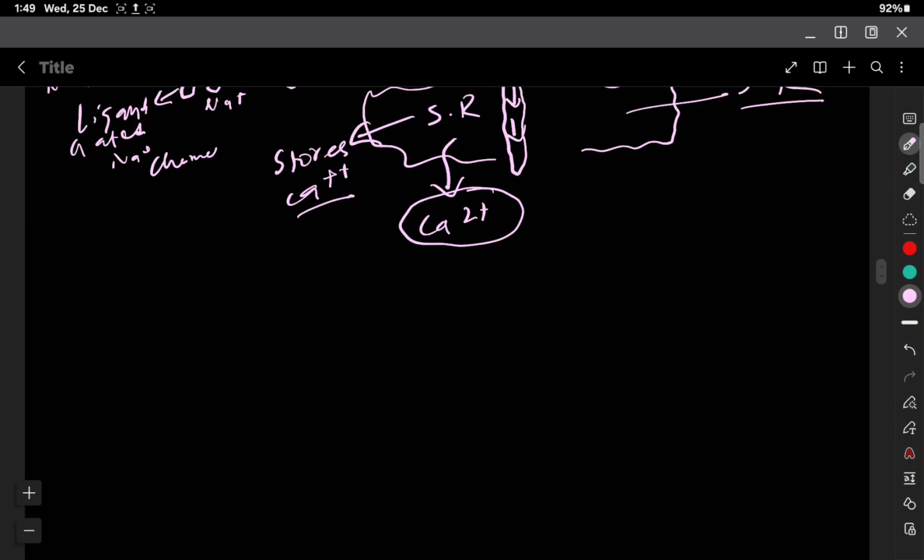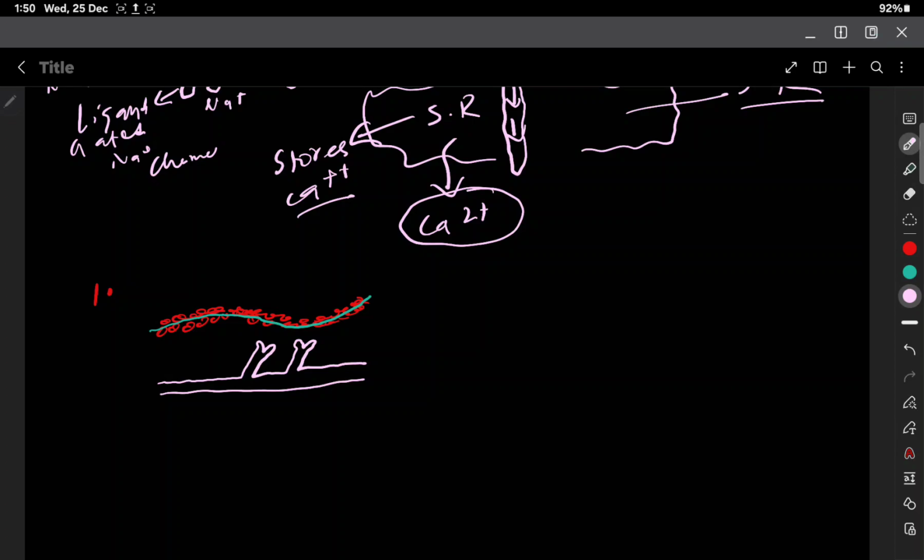Now what does this calcium do? Again we will go to the second diagram. First thing I will write here, off, for muscle. We have already explained about actin and myosin. Here I have drawn the structure.